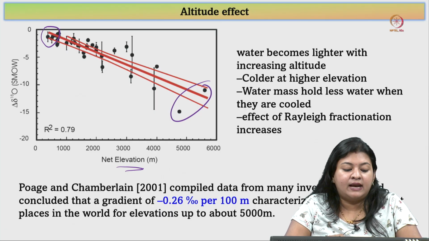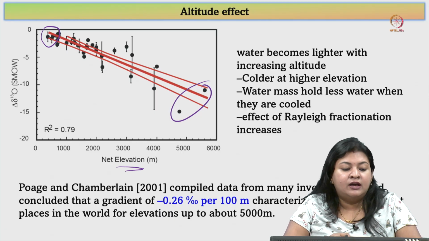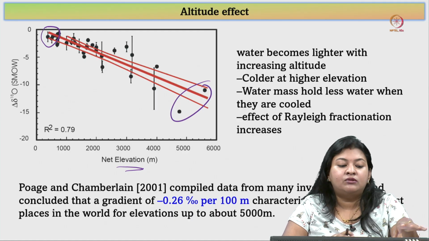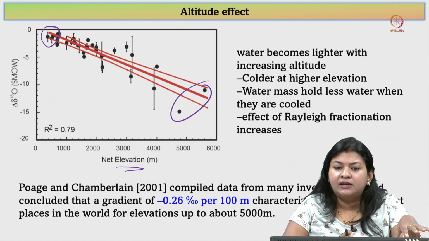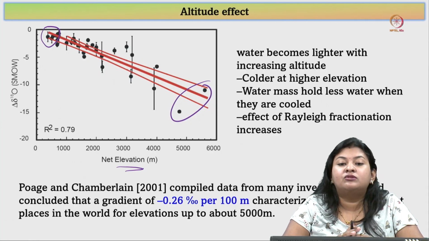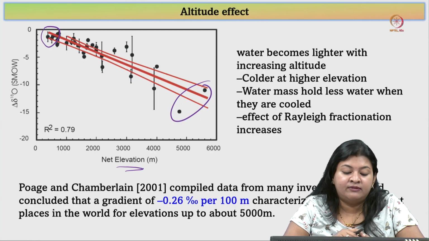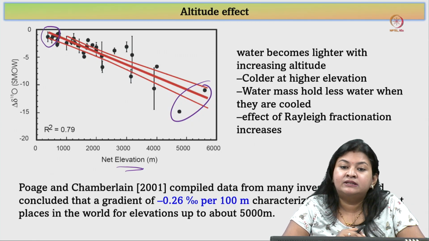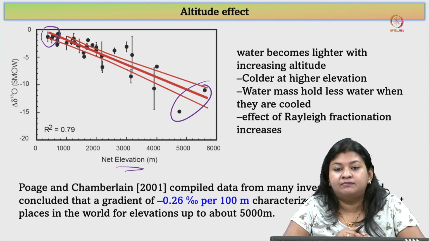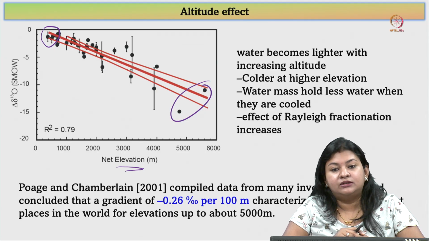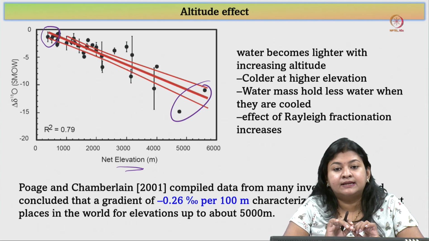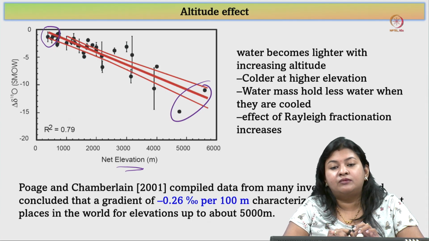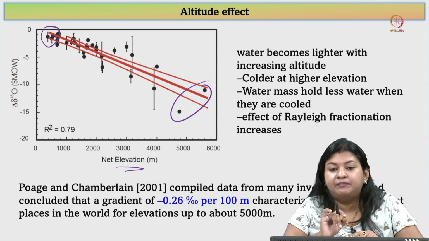If we are at 1000 meters above sea level, the value is expected to be around minus 3 parts per mil. If you are at 6000 meters above sea level, you can expect something around minus 15, minus 20 parts per mil for the delta 18O value, and this is again coming just from the altitude effect that is controlled by the temperature.